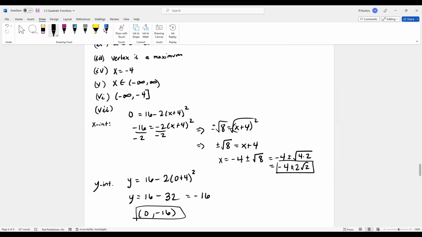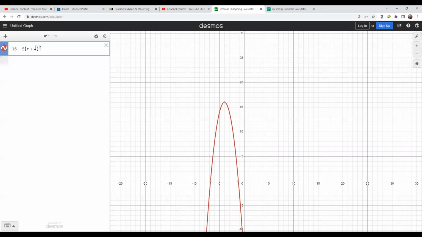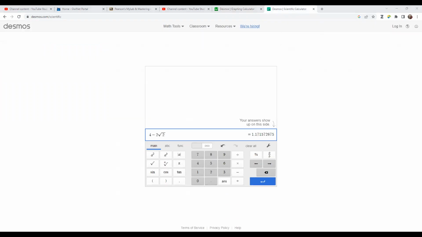Okay, once again, let's go over to Desmos, where I have already plotted the function. Here's the equation. The vertex is indeed at negative 4, 16. I cross at negative 1.172 and negative 6.828. If I go over to the calculator, it's minus 4.